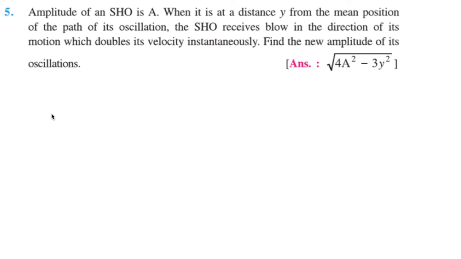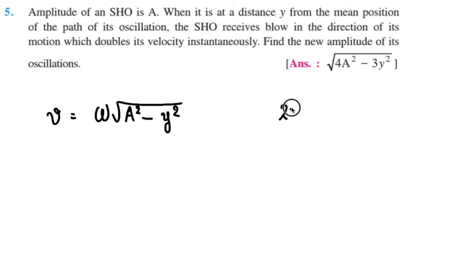Now we know that velocity is omega root of a square minus y square. This is my general equation. When my amplitude is a, my displacement at any point is y, my velocity is v. Now at this point y, my velocity is becoming double. What will be its amplitude?